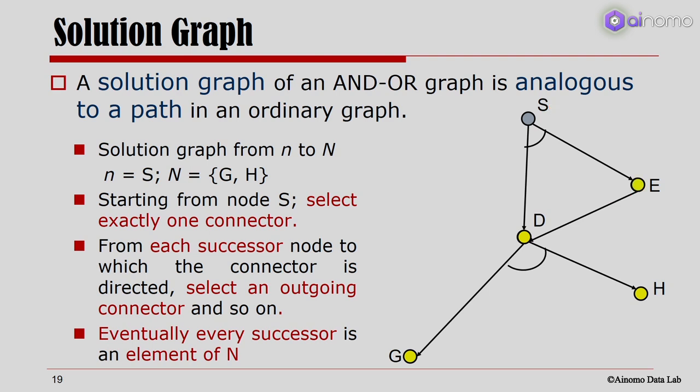Therefore, we could mark E as solved. Once we mark E as solved, we can now mark S as solved. So this is the solution subgraph of the AND OR graph.